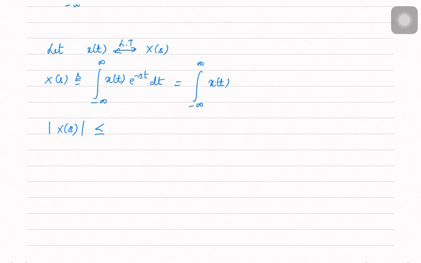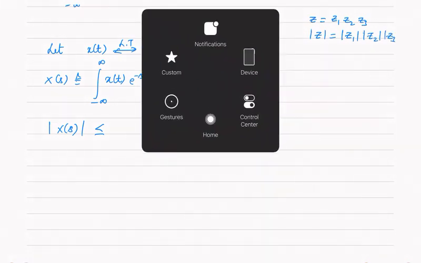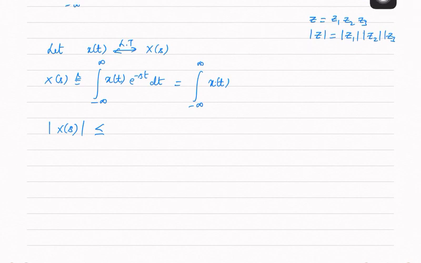So if z is equal to z1 z2 z3, the product of three complex numbers, the length of vector z is equal to the product of the individual lengths. It doesn't matter whether there are two, three or four complex numbers.